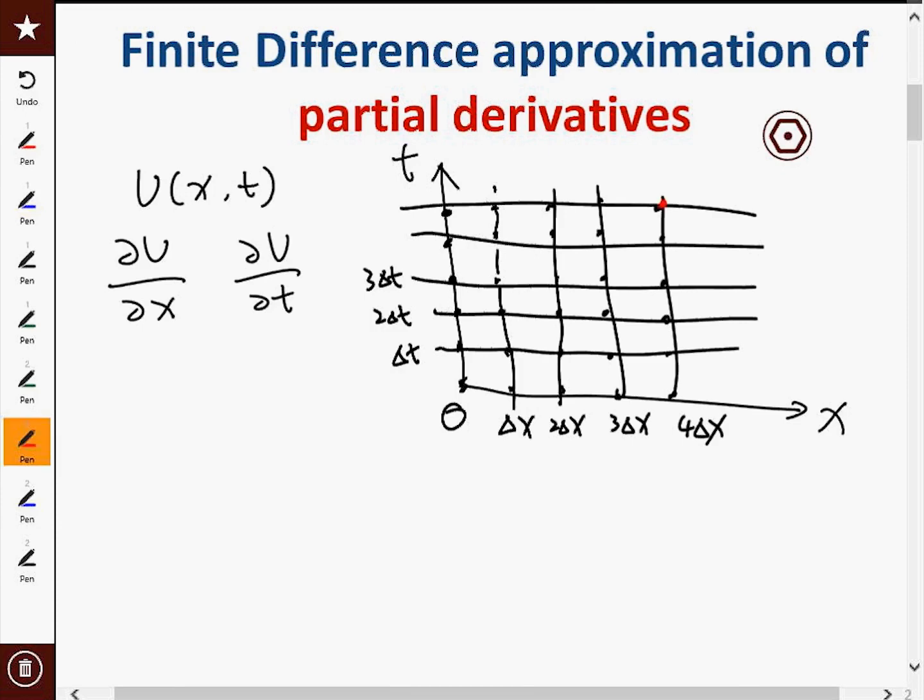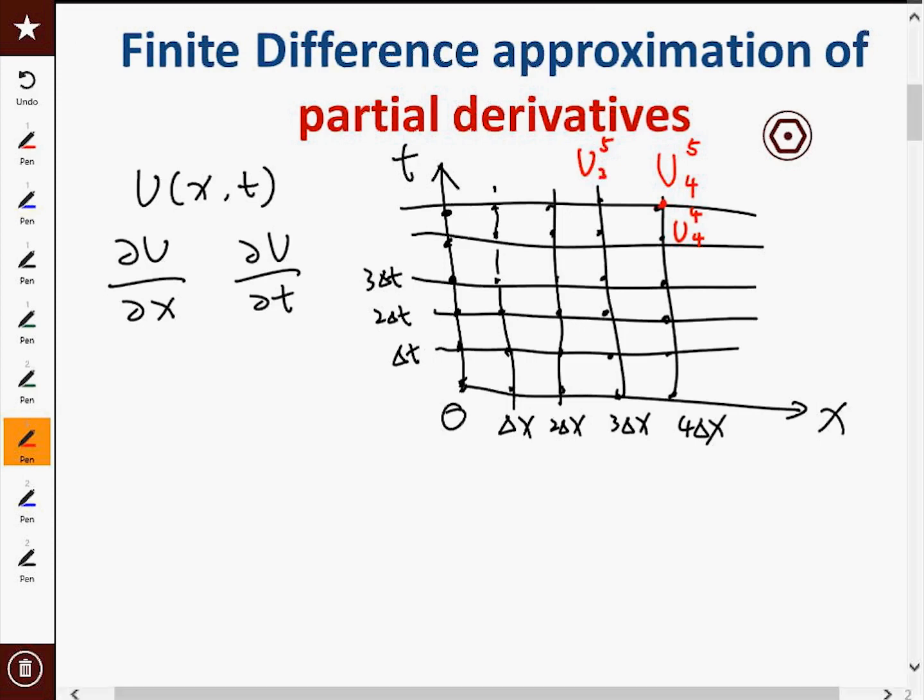I'm also going to assign my grid points. So this is what I call u of 4 and 1, 2, 3, 4, 5. Remember this notation: my subscript denotes the spatial grid point, and my superscript 5 denotes which time step I'm on. And here would be u of 4, 4. Here would be u of 3, 5, etc.